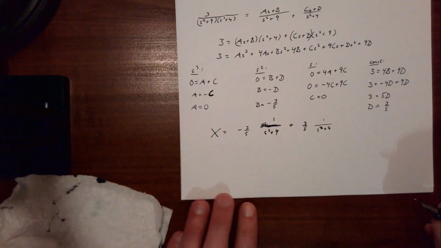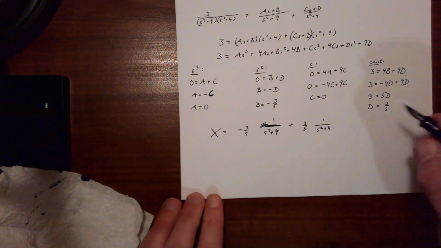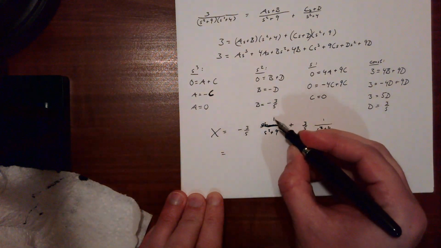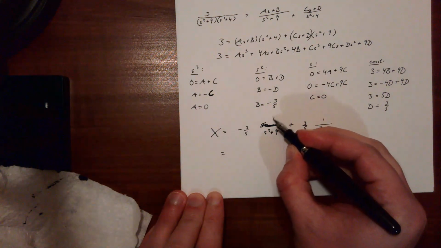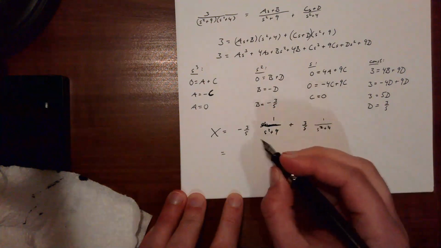But then neither of these is quite in the approved format for a Laplace transform of sine or cosine. In particular, here we have a k up here, so we're looking at a sine, but there need to be 3's on the top.